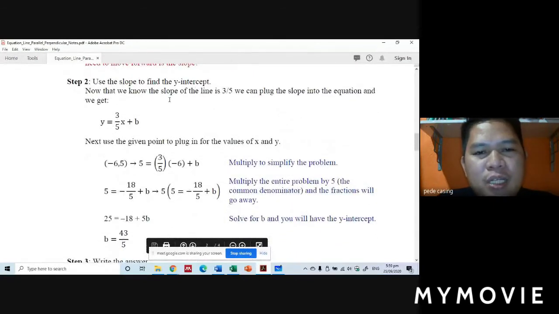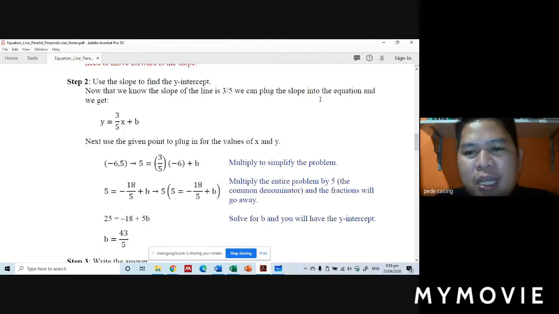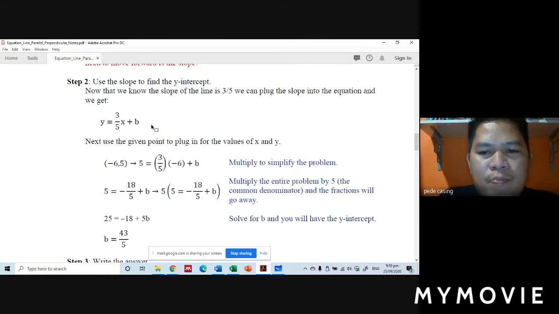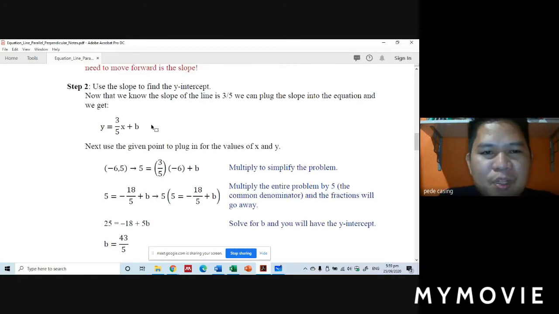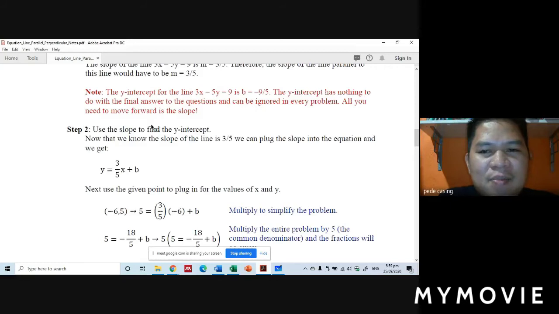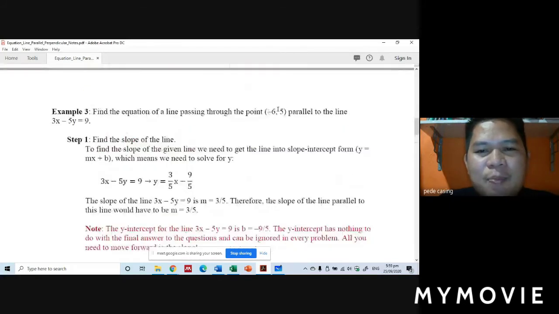So now that we know the slope of the line is 3/5, we can plug the slope into the equation, and we get, so remember our equation is y equals mx plus b. We are looking for another equation that can be parallel or perpendicular. It can be parallel in this problem. So the given equation is 3x minus 5y equals 9.